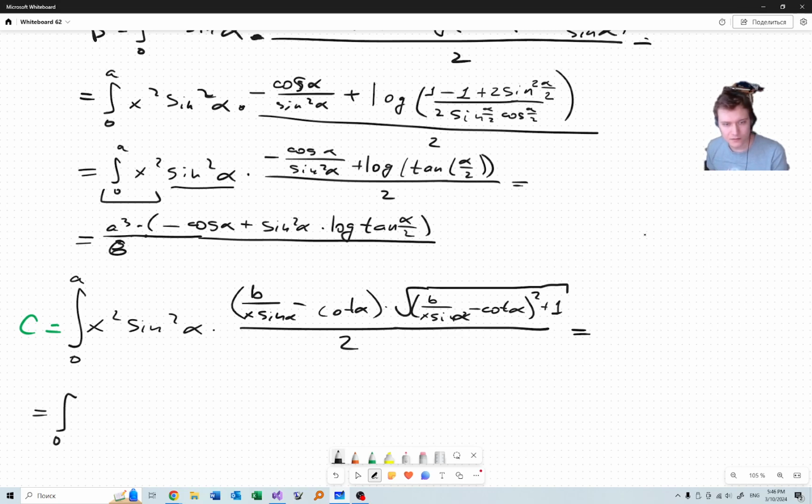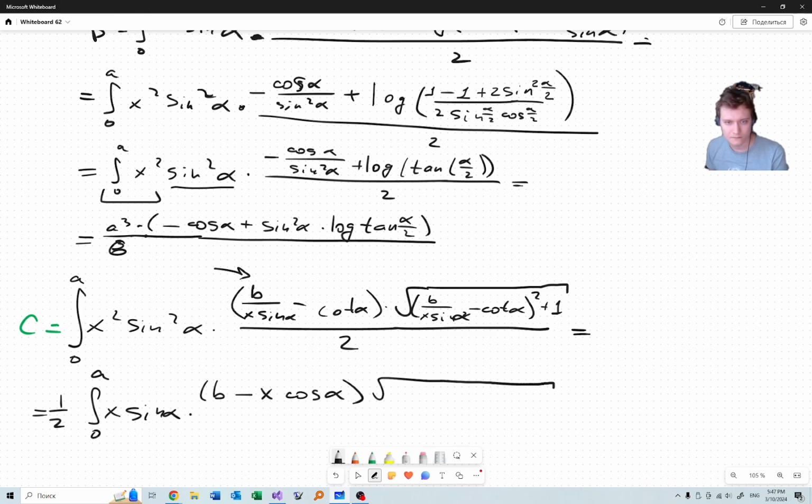So let's start with one application. First of all, let's remove 1/2 from the integral. Let's apply it one time. Okay, then we just need to multiply this by x sine alpha, and it becomes b minus x cosine alpha. And then let's apply this the second time.